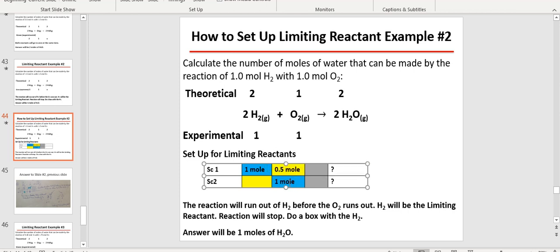But let's go and do the other one just to find out. If this one here is going to go to 0, how much of this one do I need? And you see how they're underneath each other? So now you're going to do box, box, box, X. And if you set it all up, you're going to get 2.0 mole.